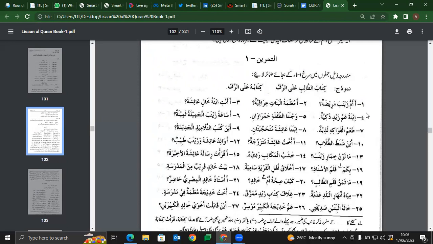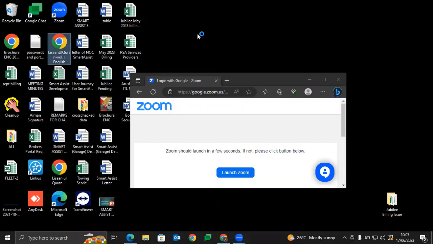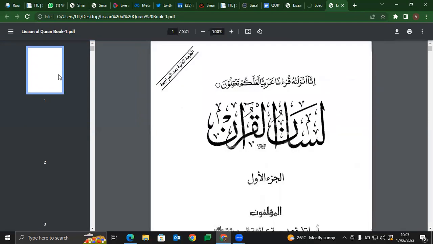That is my question. In the exercises I'm getting confused which one to put: when do we put the suffixes of the gaib, when the hadir, and when the mutakallim. It is only the exercise part that I'm finding difficult.